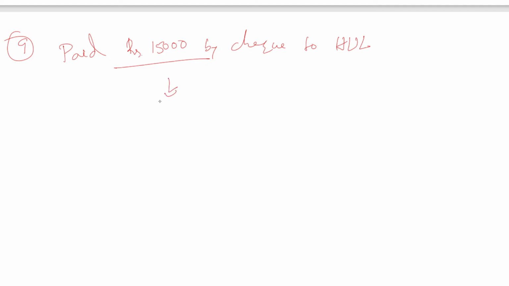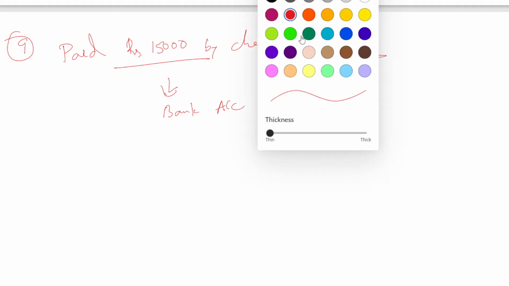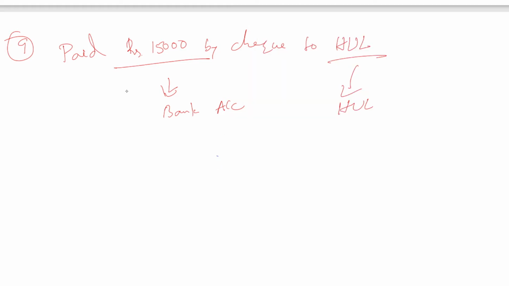That means again the bank account is involved, and there is HUL. So two accounts are there. We have to record it accordingly. Whenever we are paying, the amount will get deducted from our bank.